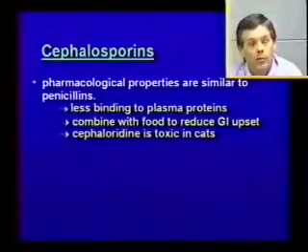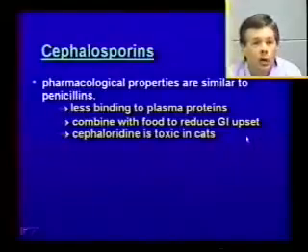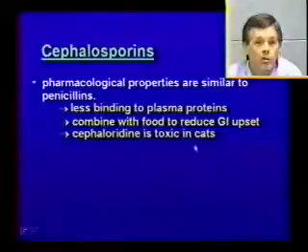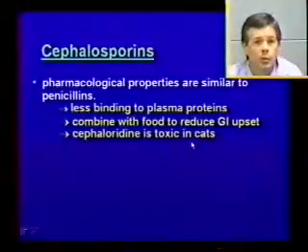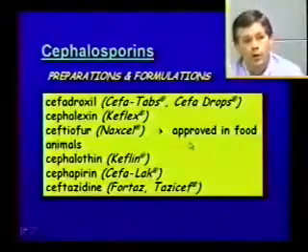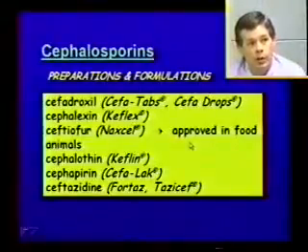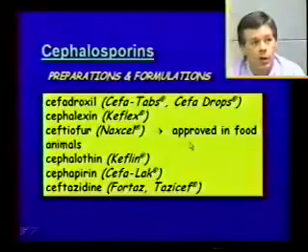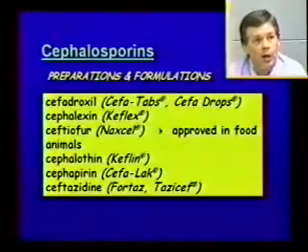They are, as a group, fairly non-toxic agents. One that is of particular note is this agent, cephaloridine, which has been noted to have quite problematic occurrences in cats, and its use in cats has been contraindicated for that reason. I've listed here a number of the cephalosporins that are available and commonly used in practice today.